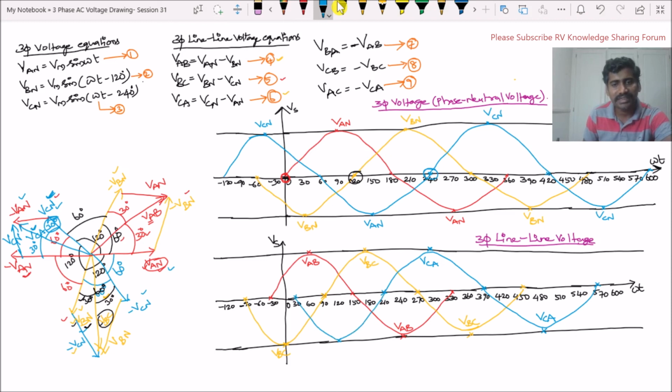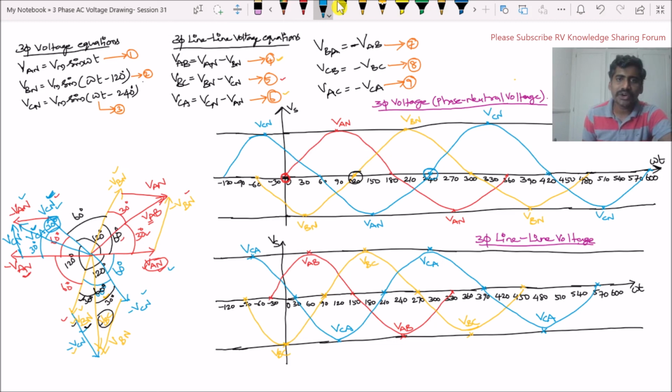So this is our line voltage VCA. We can still continue on the left hand side. From 30 degrees you have to leave 90 degrees to the left side in order to find its peak value. So that becomes minus 60. So this is our line voltage VCA. This is how we can draw our three-phase line voltages.